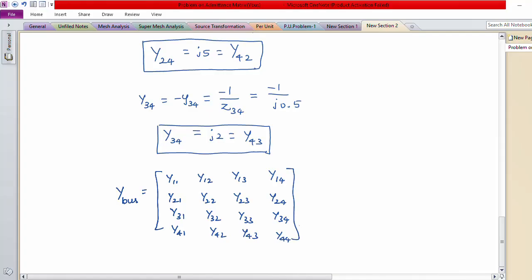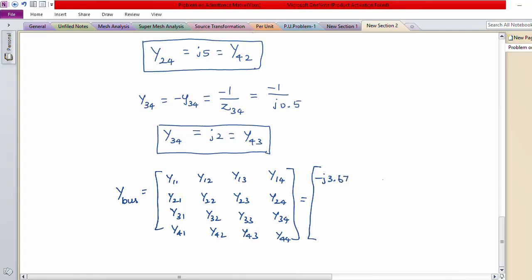Now from this we have to write all the admittance elements. We know that Y11, Y22, Y33, Y44 are self-admittance elements, and all the off-diagonal elements are mutual admittance elements. So from that we have to write the bus admittance matrix.